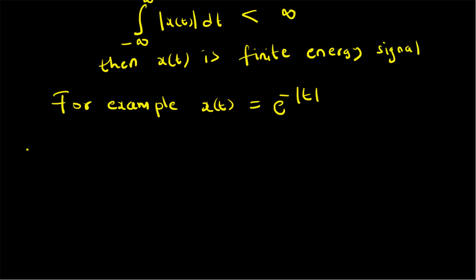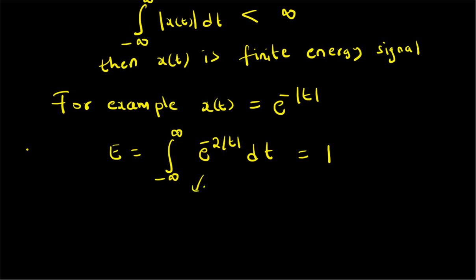In this case, we can easily verify that the energy E for this signal is the integral from minus infinity to plus infinity of e power minus 2 times modulus of t dt. We can easily show that this is equal to 1.